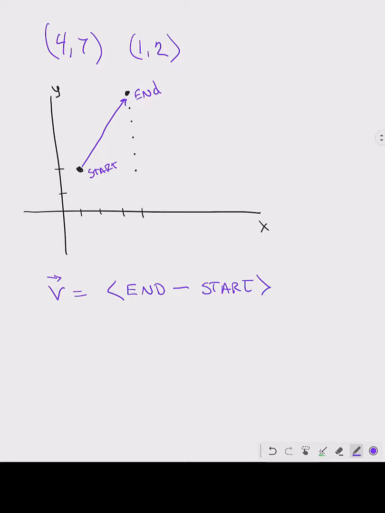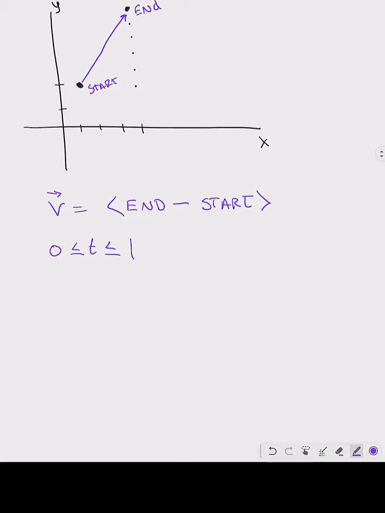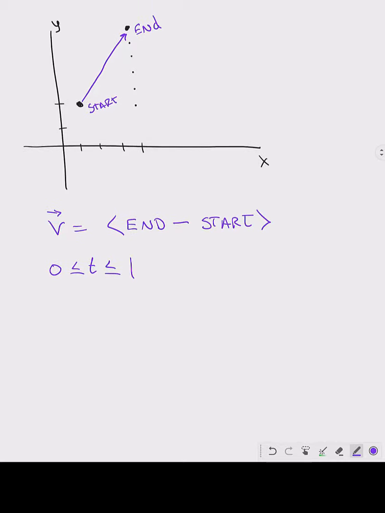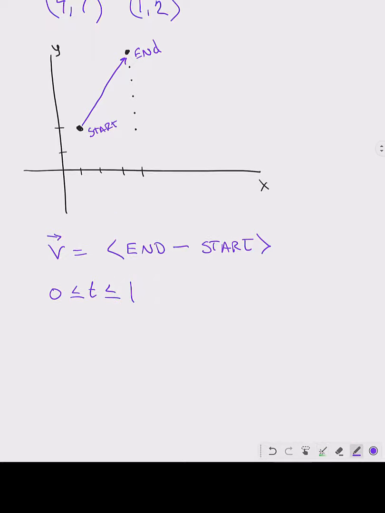This method is going to parameterize between those 2 points from t equals 0 to t equals 1. It doesn't have to be done this way, but I like it because I can easily multiply in my head by 0 and 1. You could choose some other numbers, but 0 and 1 are the easiest. So that's the way I do it.